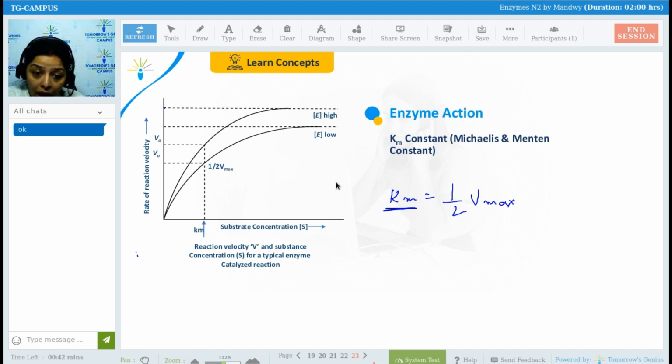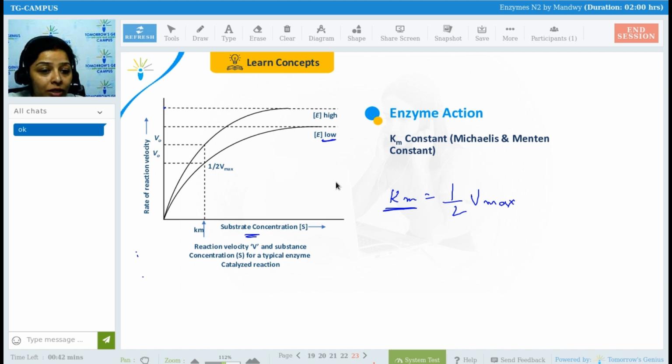So if the Km is high, the affinity between the substrate and the active site is low. If the Km is low, the affinity between the active site and substrate is high.